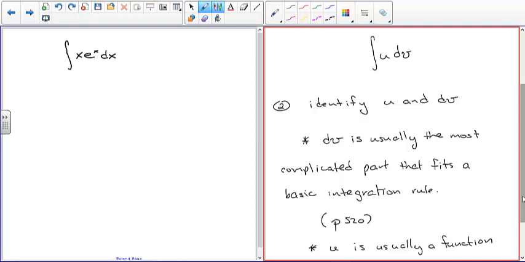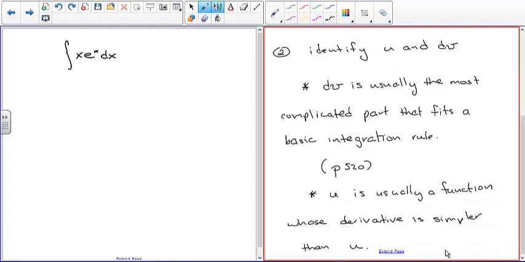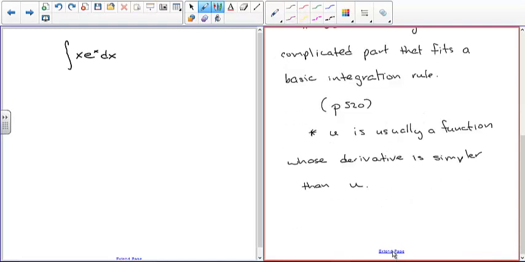And u is usually a function whose derivative is simpler than u. So typically polynomials, the derivative of a polynomial is simpler. For example, x squared, you take the derivative of that, you get 2x. So a linear polynomial is simpler than a second order polynomial.